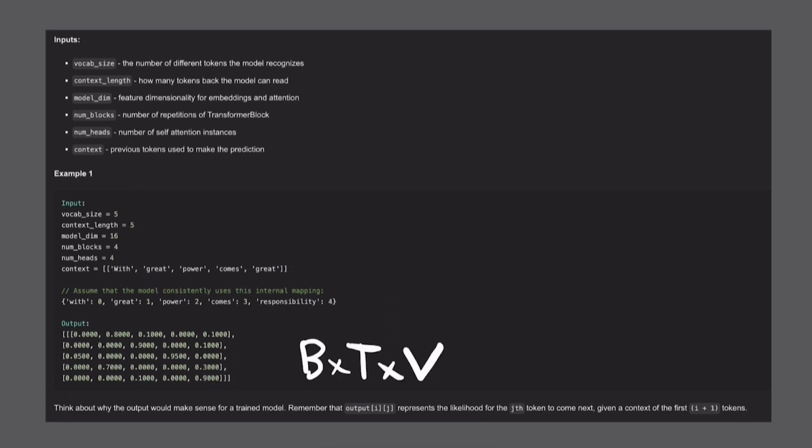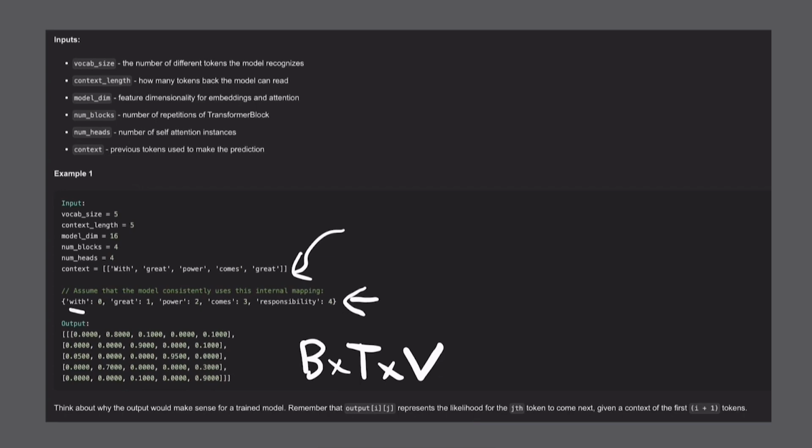So let's take a look at this dictionary now. We're going to assume that the model is consistently using this internal mapping. We know models don't actually take in strings, right? Each of these tokens needs to be converted to an integer. That's how we feed strings into models for natural language processing. And any model's mapping is pretty arbitrary; as long as it's consistent, that's all that matters.